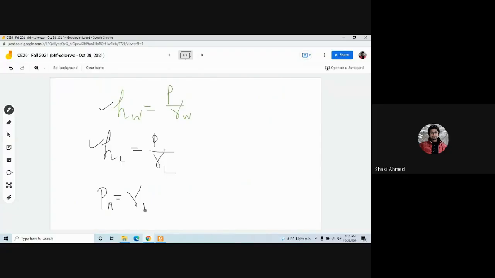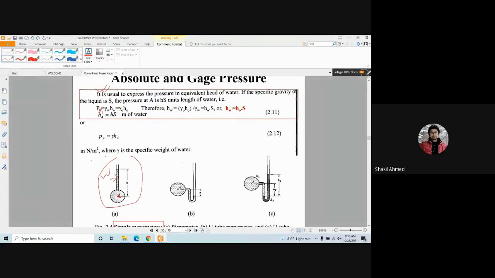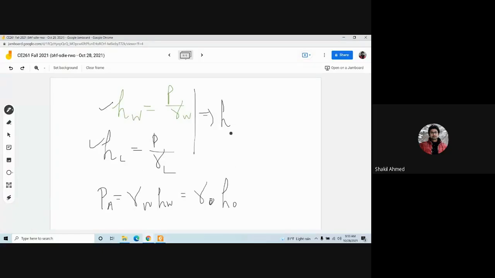So let's say gamma water H water equals gamma any other type of liquid, gamma O HO. So from here you can write HW equals gamma O by gamma W into HO.